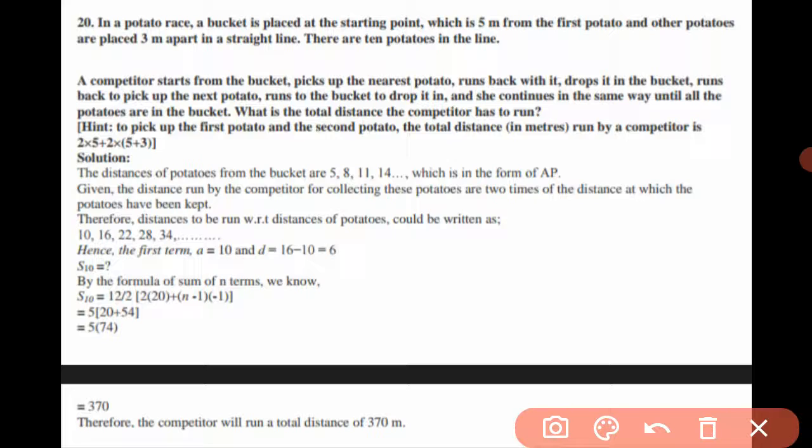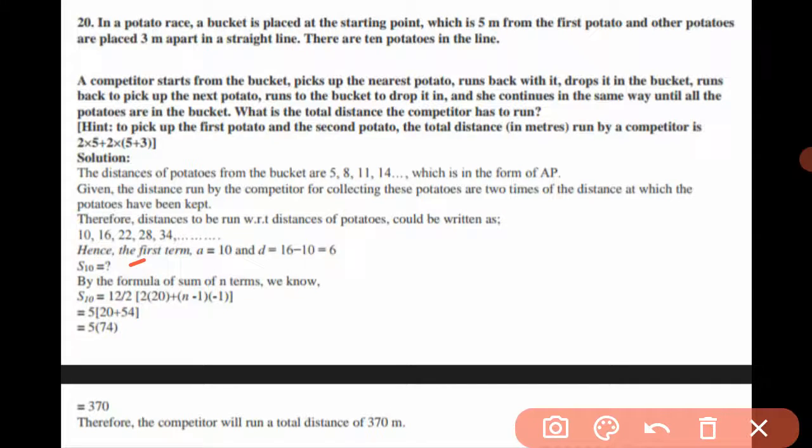Now the distance run by the competitor for collecting the potatoes is 2 times, so the competitor has to travel double the distance. So the AP will be multiplied by 2, giving 10, 16, 22, 28, 34 and so on. We have to find for H10, since the total number of potatoes kept here is 10.